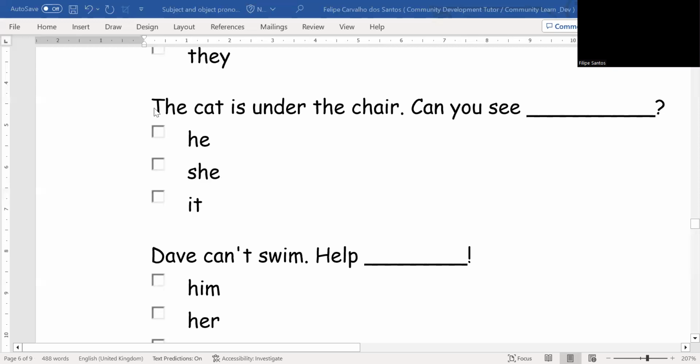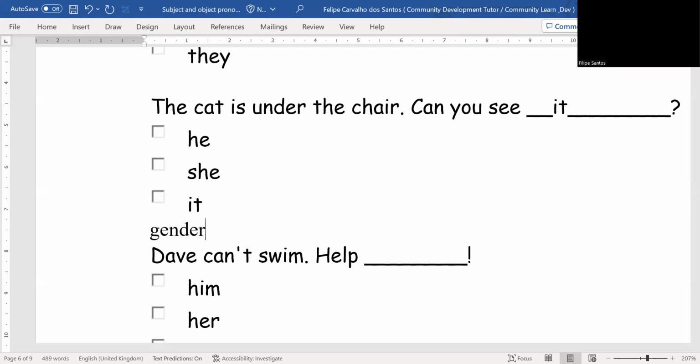Okay? The cat is under the chair. Can you see? So how do you refer to the cat? It. The cat is an it. But sometimes, if you know the gender of the cat, what's gender? Gender means is a male.